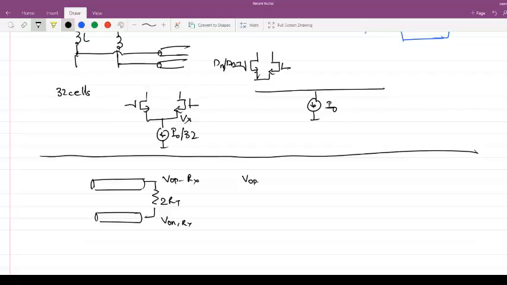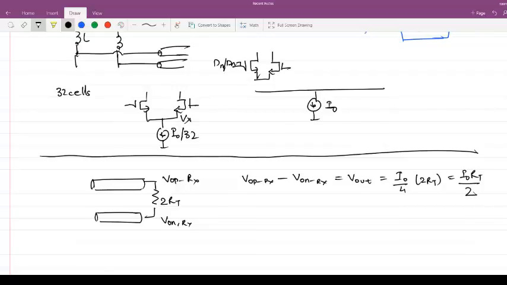Let me call it V out. We saw in one of the current mode output driver implementations that I need an I0 by 4 current to create a swing of I0 RT by 2, which is the same as the swing you are getting in a current mode output driver.